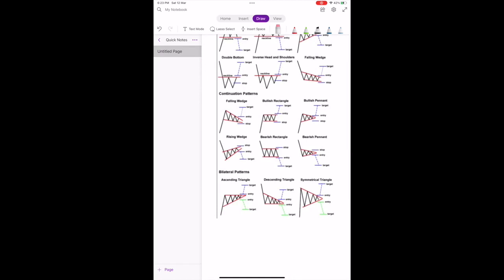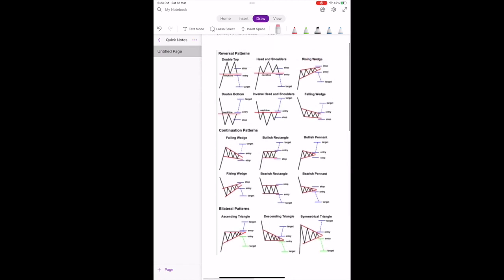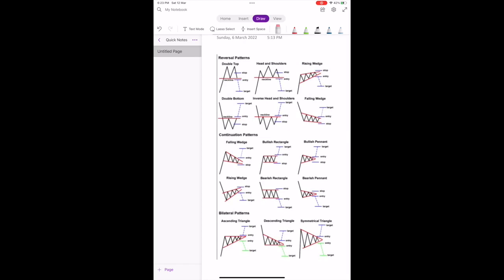Now comes the continuation patterns. What are continuation patterns? Reversal patterns are where the market was going in one direction, we got a pattern, and we reversed either from bullish to bearish or bearish to bullish. Now with continuation patterns, say we are in a nice uptrend.